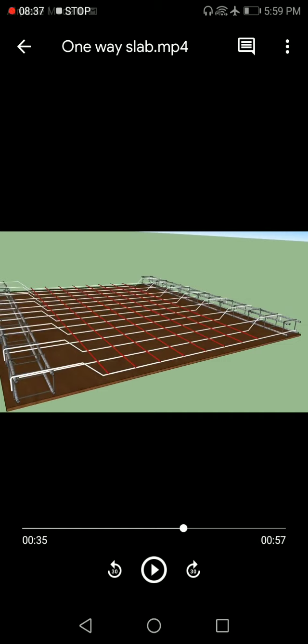That's why we put a gap between the reinforcement and the outer edge of the slab. That is called cover. You may have seen cover blocks on site also.